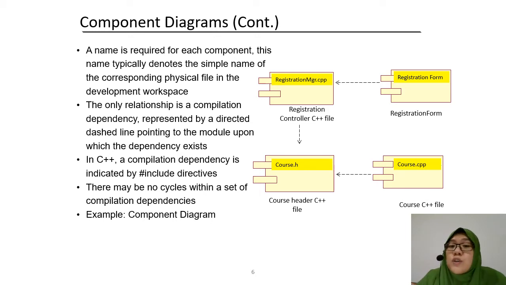Then you have a registration form, which can be an HTML file, maybe. And then we have a course header file, and then your course C++ file, because your header file is usually linked to your main C++ file. So it depends on the header file first before it depends on the C++ file. So this is an example.